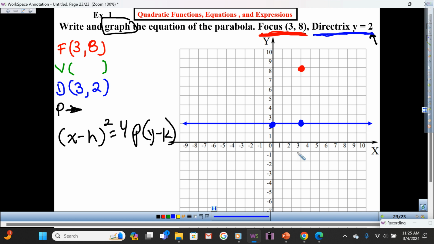What is that point, Brandon Felix? 5 is correct for the y. That is correct. 3. That is correct. 3, 5. So plot your point at 3, 5.